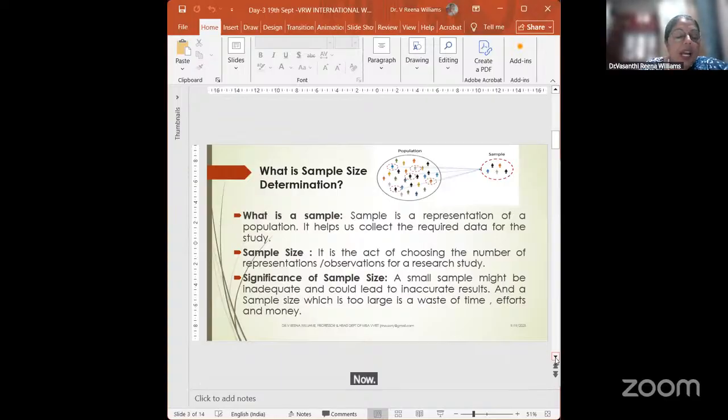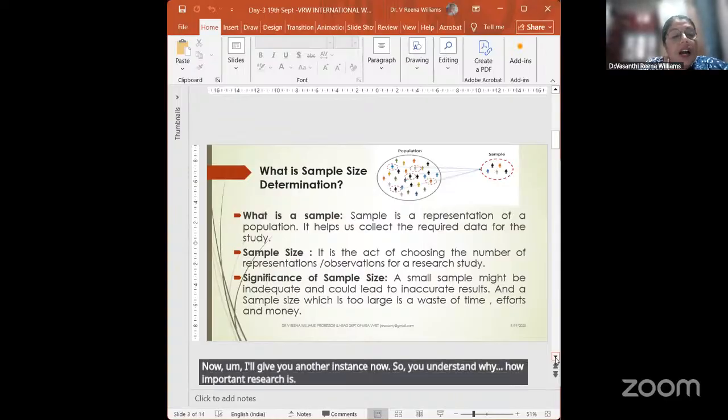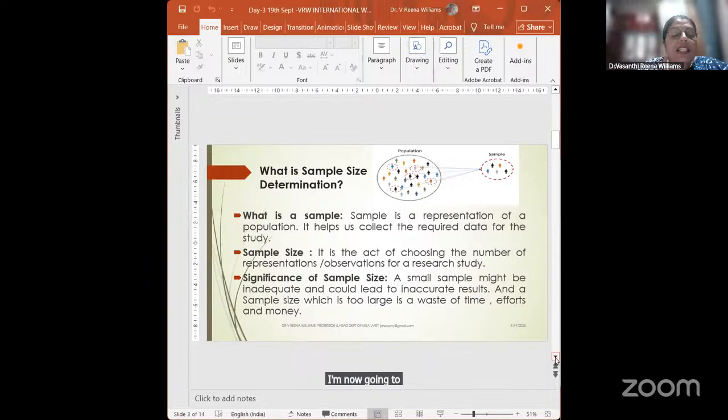Now, I'll give you another instance so you understand how important research is. I'm now going to the second aspect of research, that is sample size. Now, I said I want to travel from India to Malaysia. Maybe I use the search engine platform, and I ask Google to help me out, and I get a list on my screen.